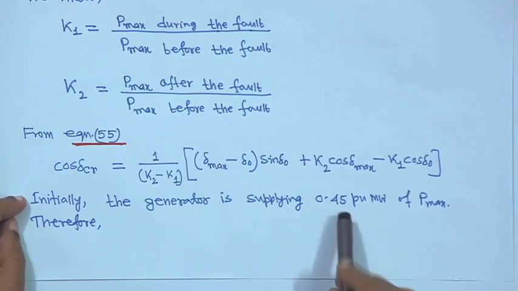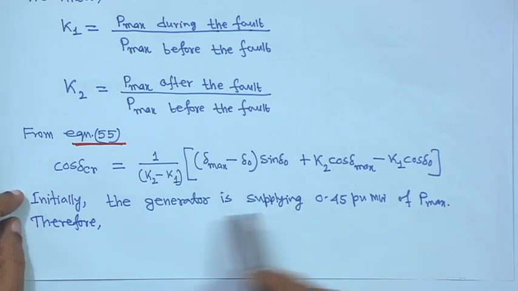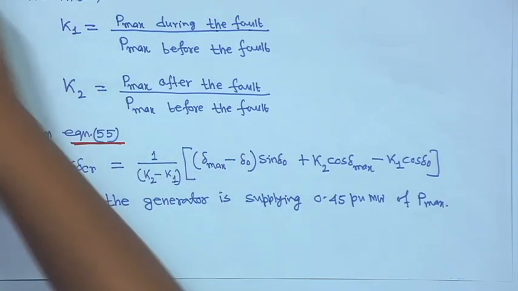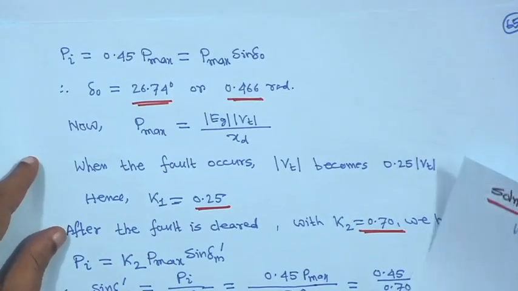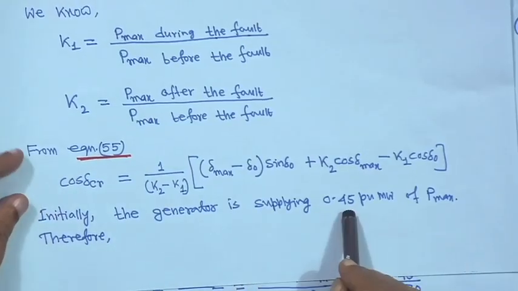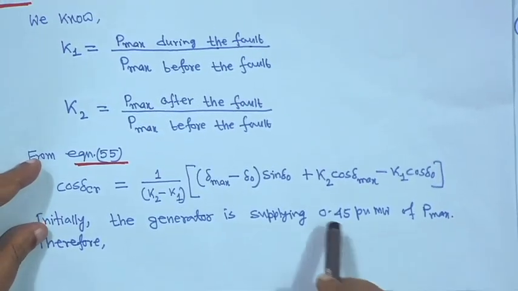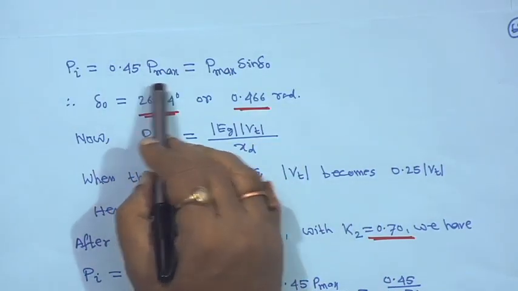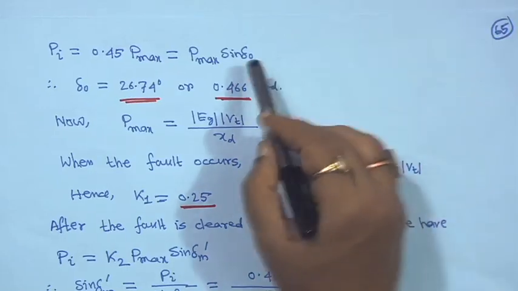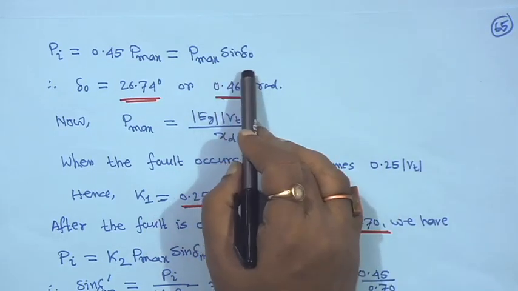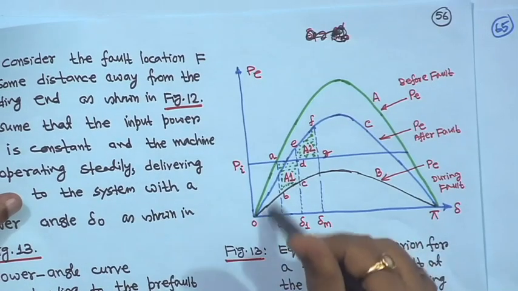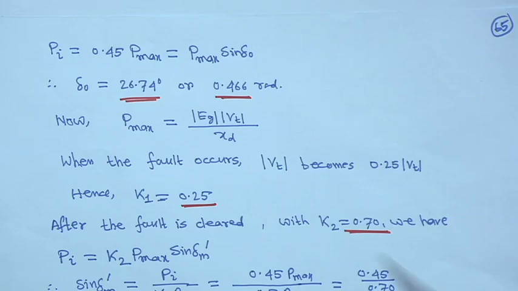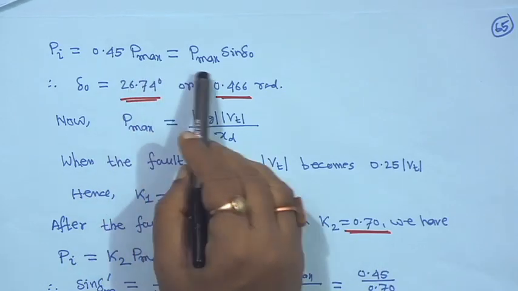Initially the generator is supplying 0.45 per unit of P max, so this is actually Pi. 0.45 P max is equal to P max sin delta 0, at an operating point, delta 0.